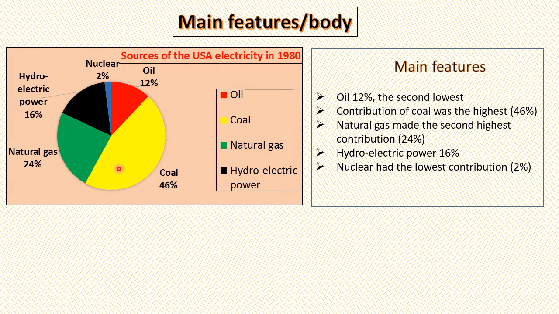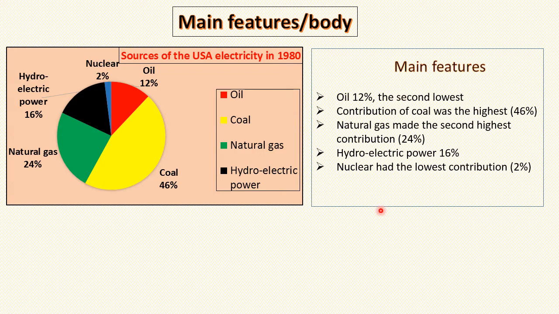and the contribution of coal was the highest, and that was 46%. Natural gas contributed 24%, and this was the second highest. Hydroelectric power made a contribution of 16%, and nuclear contributed 2%, and this is the lowest.